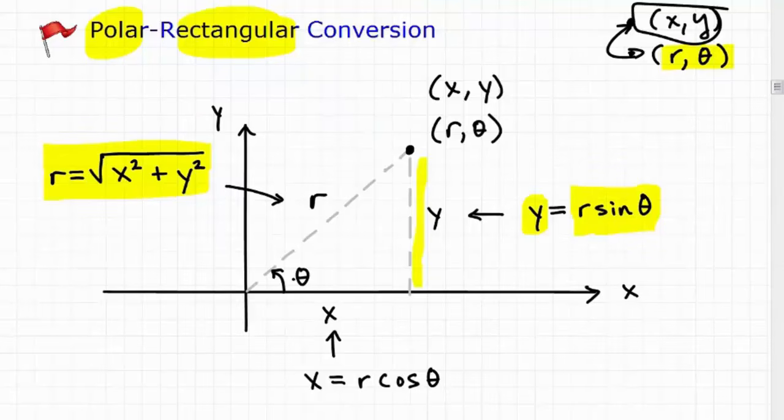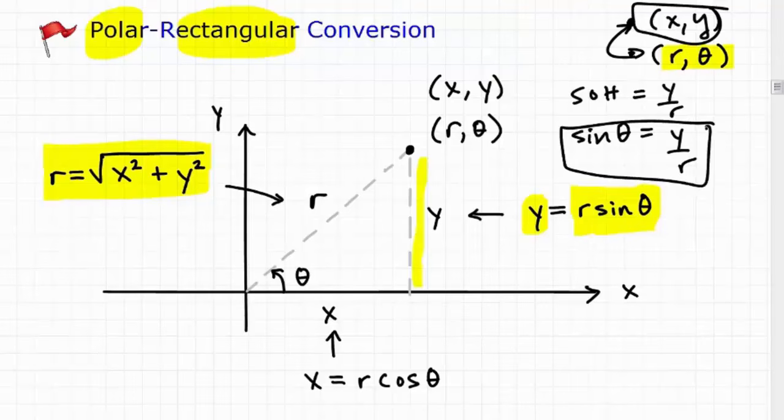Remember this angle right here. What's the sine of that angle? Sine of theta is equal to opposite over hypotenuse. So that would be y over r. Now I have that equation. So to solve for r, let's just do that real quick.